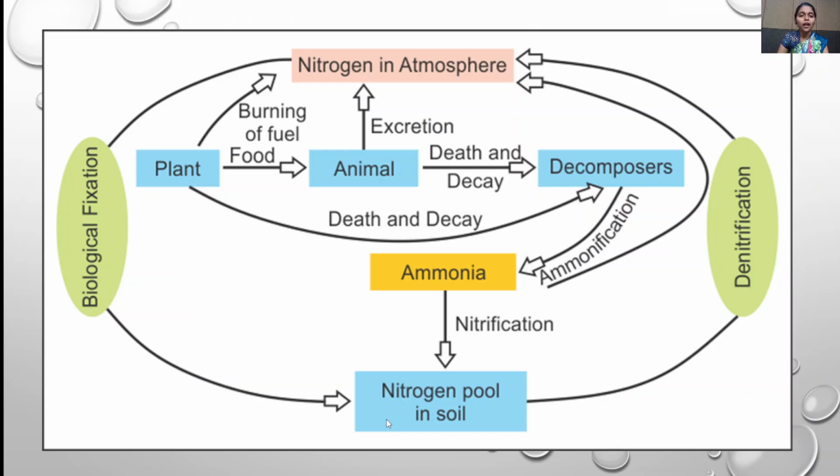This is the nitrogen cycle. Nitrogen gas makes up 78% of our atmosphere. Nitrogen is also a part of many molecules essential to life, like proteins, nucleic acids (DNA, RNA), and some vitamins. The atmospheric nitrogen is converted into ammonia, and ammonia is converted into nitrates and nitrites.